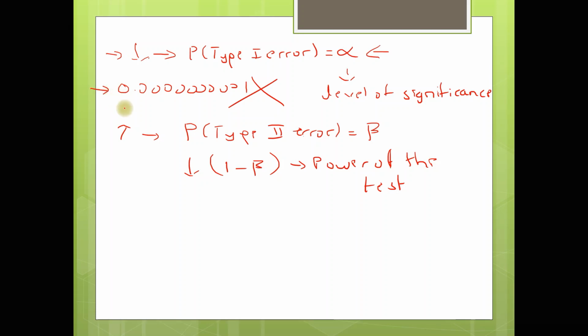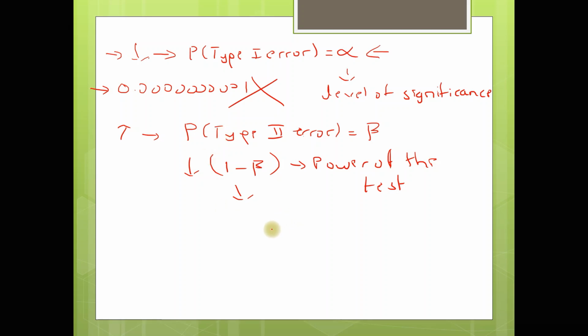Because if you start doing that, you will have a very weak test. And this is not what we want. We want a test to have a relatively low level of significance, but at the same time, the test is powerful as well. So we want to have a kind of balance between these two.